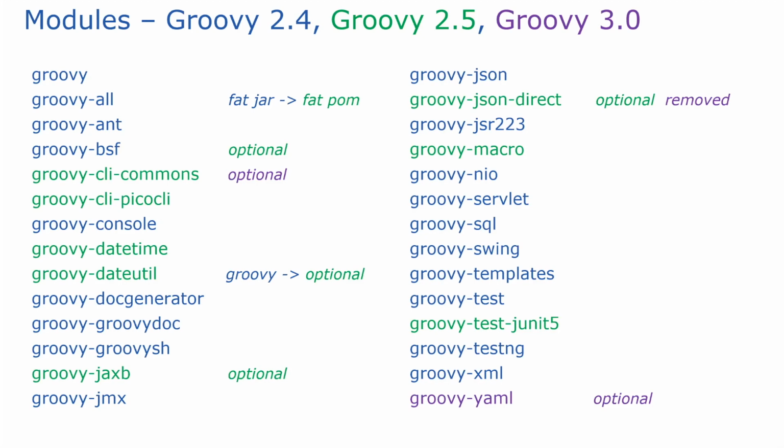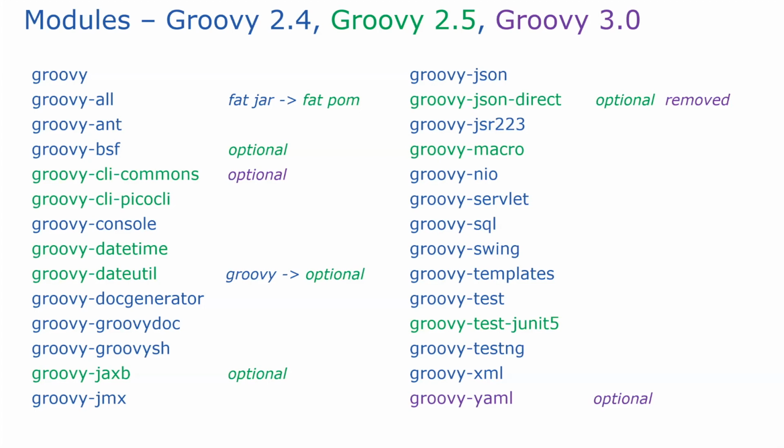We know that's not going to work in future versions of Java, so we've made that optional, and by Groovy 3 that's actually gone. There's a default that now sits in its place, which is very slightly less efficient, but doesn't have any of the issues that particular module does. That's what people will get by default from Groovy 3 onwards.